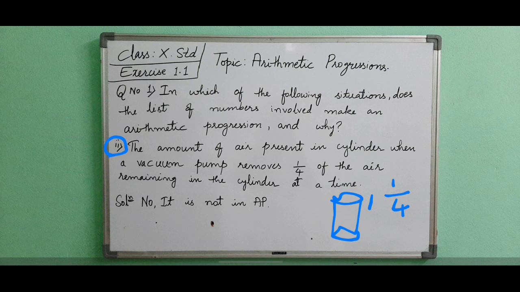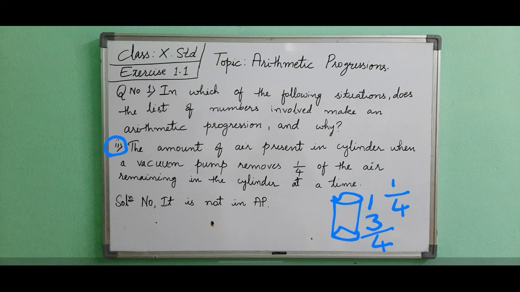When 1/4 part of the air has been removed, the remaining will be 3/4. So the first time it is removing 1/4 of the air. Next time it will remove 1/4 of 3/4, which means it will remove 3/16 of the air.